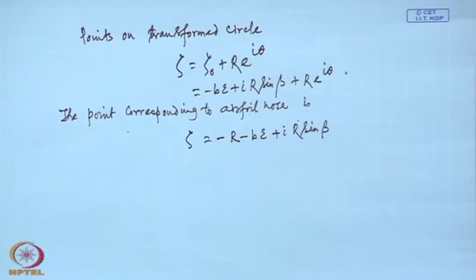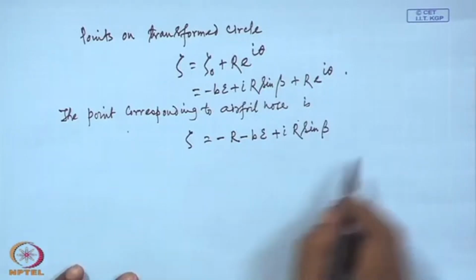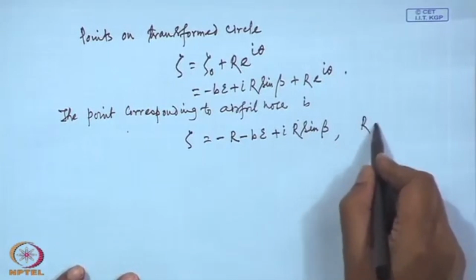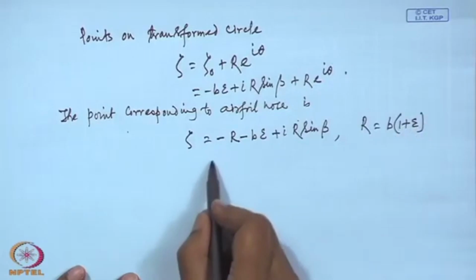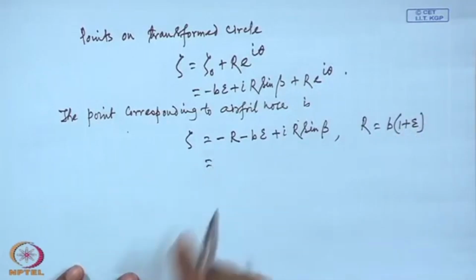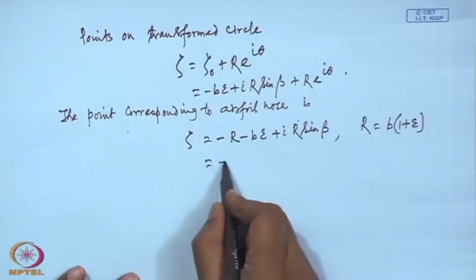So, we will have only B. That of course, we cannot find, it will remain as B. And you please check the calculation.